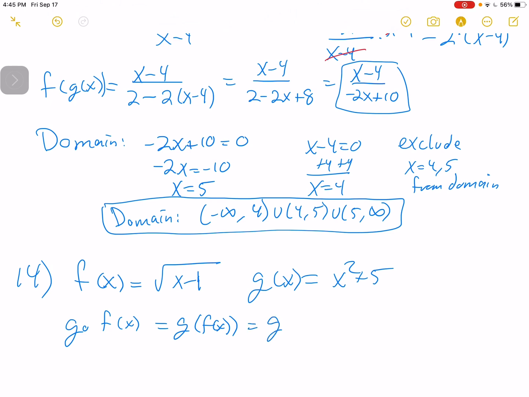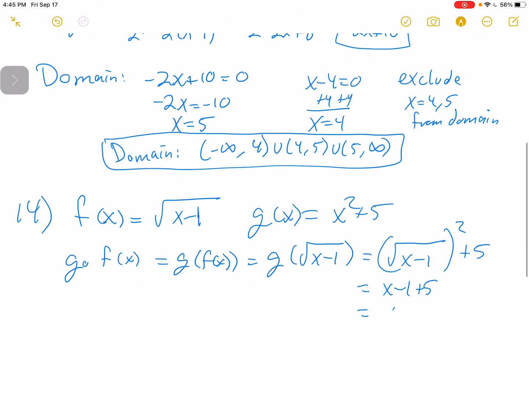So that means we're going to have g of the square root of x minus 1. So that's going to be the square root of x minus 1 squared plus 5. And the square root of x minus 1 squared is x minus 1 plus 5. It's going to be x plus 4. So our g of f of x is x plus 4.